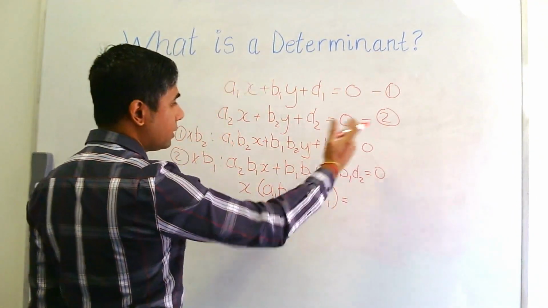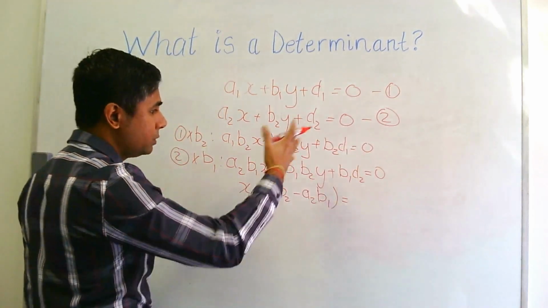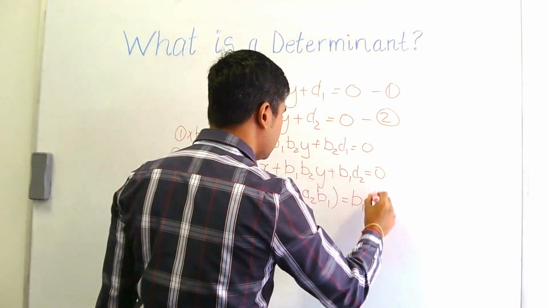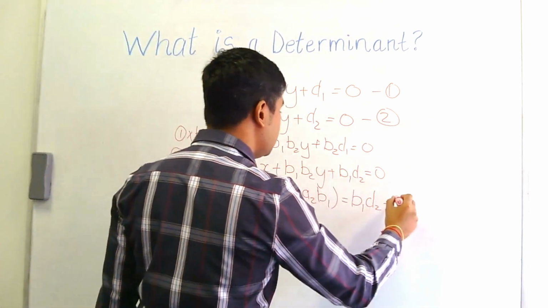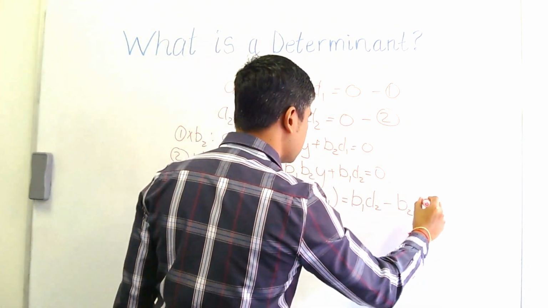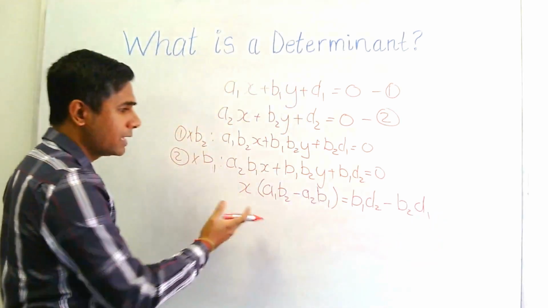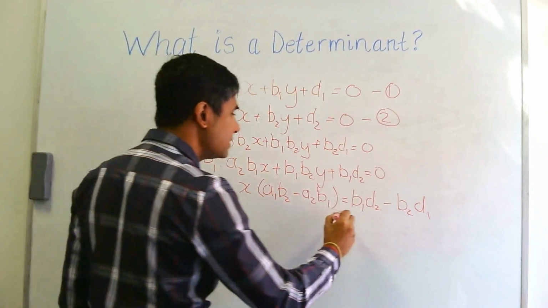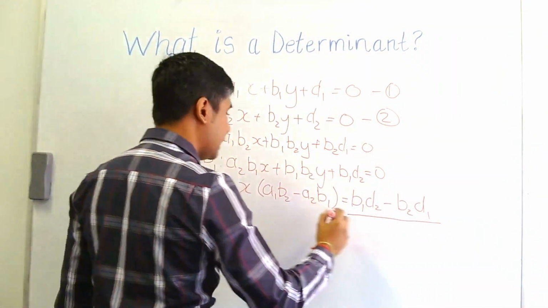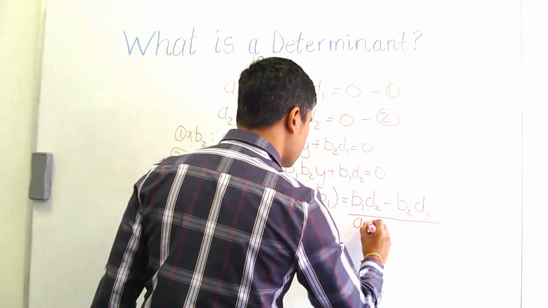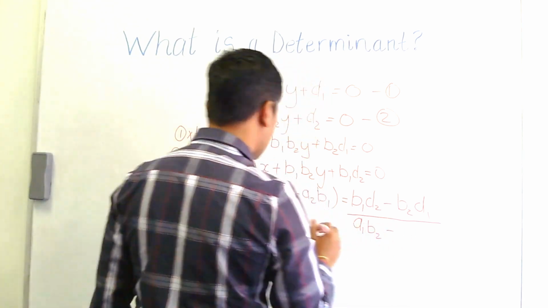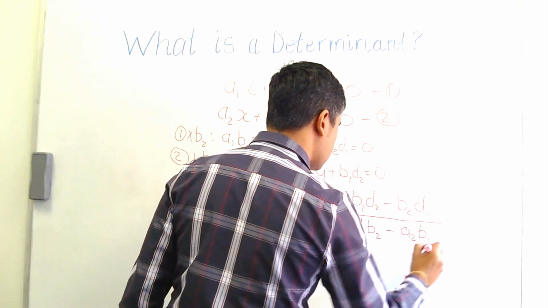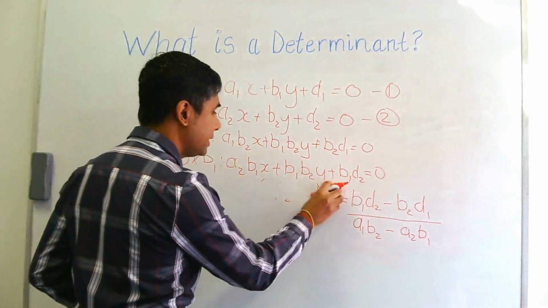Now we take what's left to the other side, which is b1 d2 minus b2 d1. We can solve for x by dividing both sides by the coefficient of x, which is a1 b2 minus a2 b1. And that's what x is equal to.